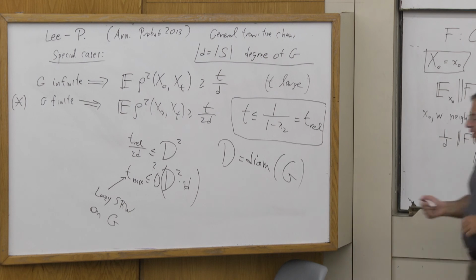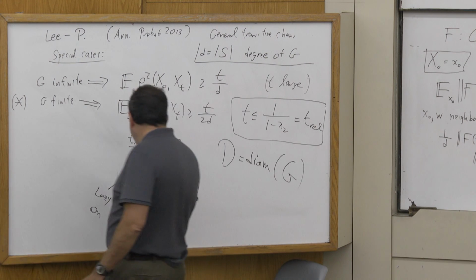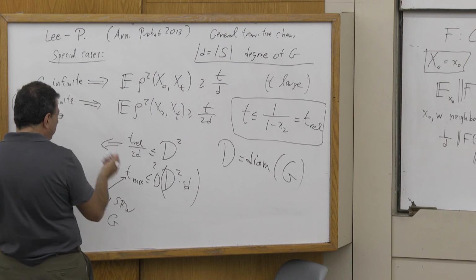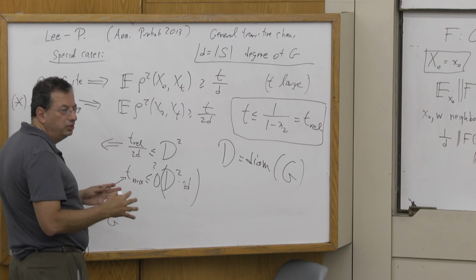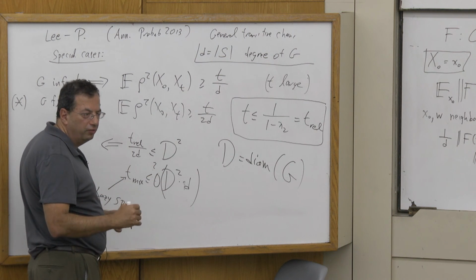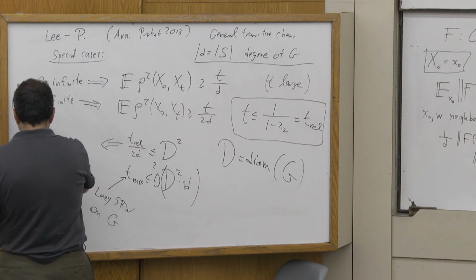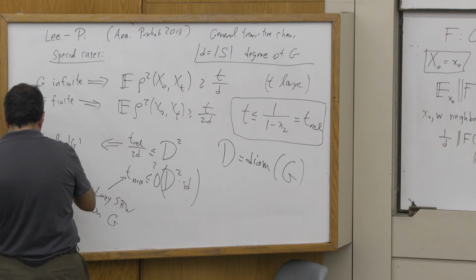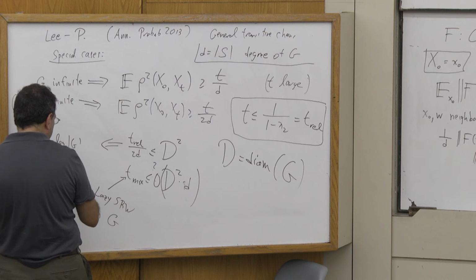What we do get from this is a classical relation: the mixing time is at most the relaxation time multiplied by, in this case, log of the size of the group. So T-mix is at most T-rel times log |G|, with a constant here. This is a general easy upper bound.